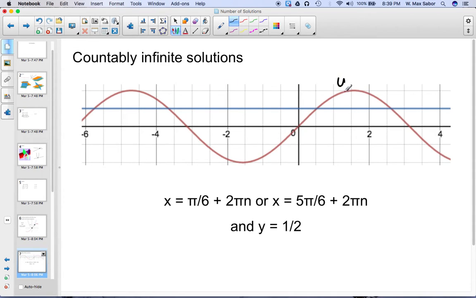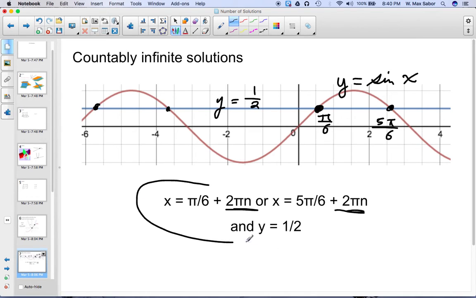Here's the red line, y equals sine of x, and the blue line is y equals 1/2, and it's very obvious to say that they meet at pi over 6, and they also meet again at 5 pi over 6. But then there are infinitely many solutions when we add 2 pi n to that. So here's another solution by subtracting 2 pi n from 5 pi over 6. Here's another solution by subtracting 2 pi from pi over 6.